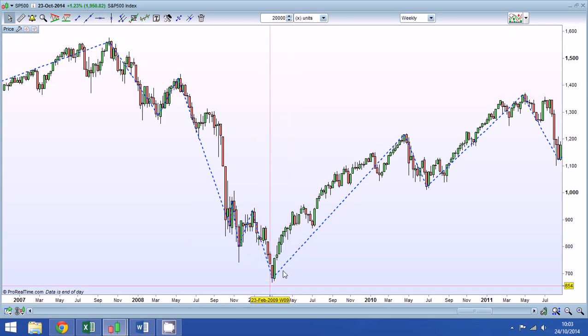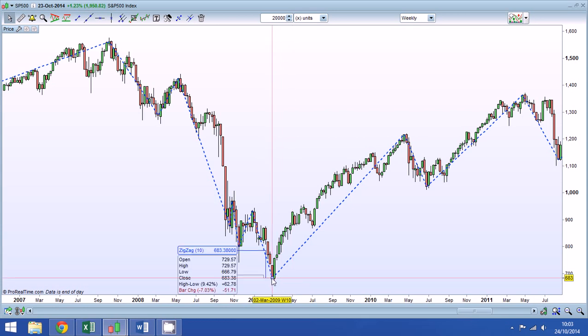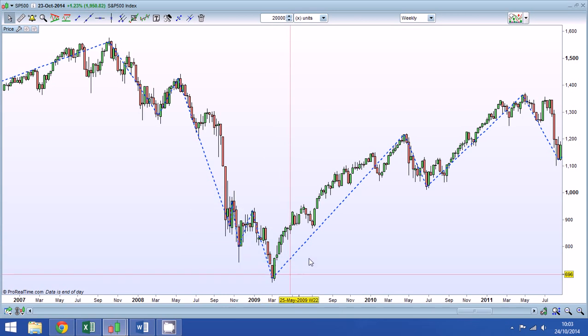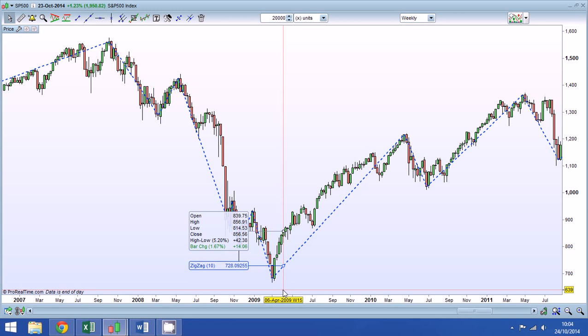So when we see this low here, which the indicator has picked out so beautifully, unfortunately we would not know at the time that this is going to be the low. We have to know that we're going to have a deviation of greater than 10%, and that information just isn't available to us here. So we wouldn't know whether or not this is a low, and we wouldn't know whether or not to trade at this point.